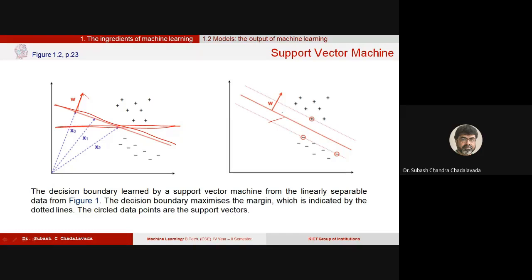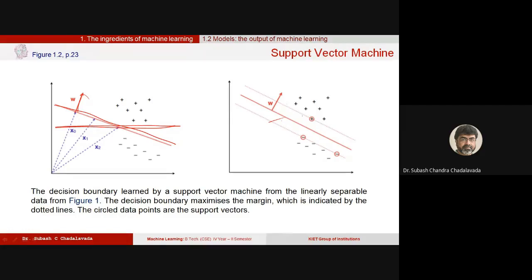Now in the support vector machine, it considers a margin. If you look at this margin here, the dotted lines are the margins towards each side of your boundary. The margins can be extended maximum to a place where one of the instances becomes close.